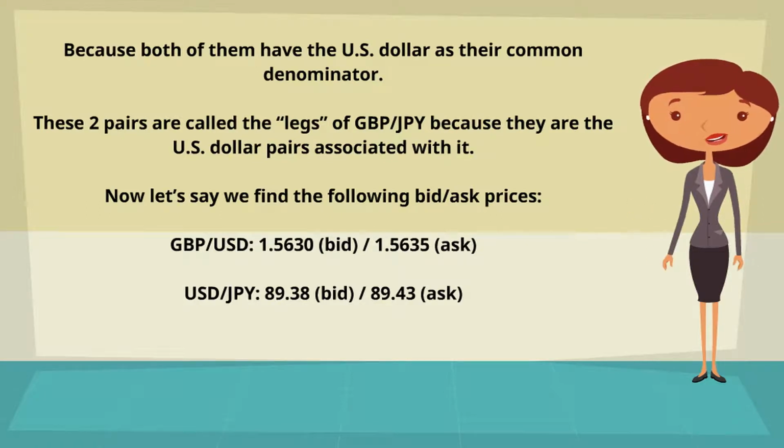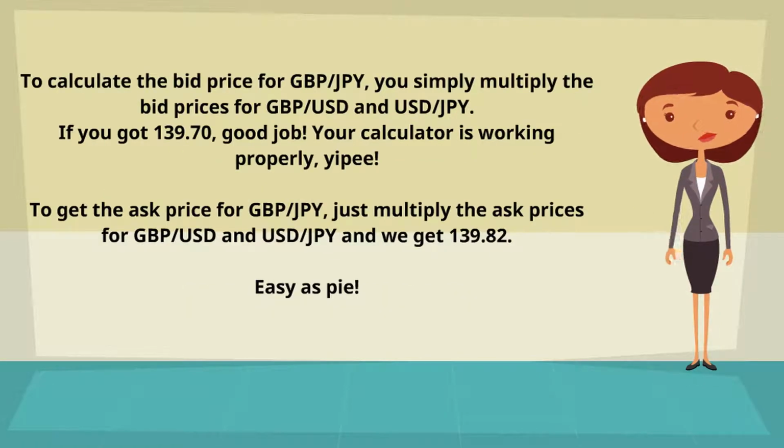Now let's say we find the following bid/ask prices. Pound sterling to US dollar, 1.5630 bid, 1.5635 ask. US dollar to Japanese yen, 89.38 bid, 89.43 ask. To calculate the bid price for pound sterling to Japanese yen, you simply multiply the bid prices for pound sterling to US dollar and US dollar to Japanese yen.